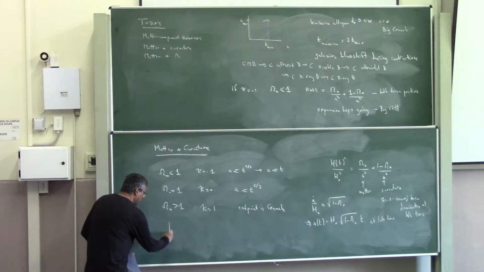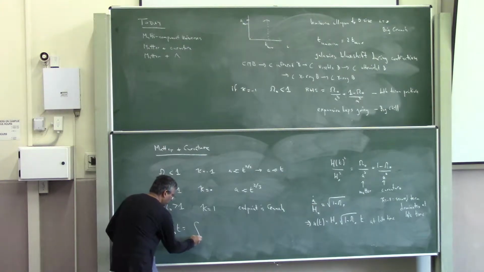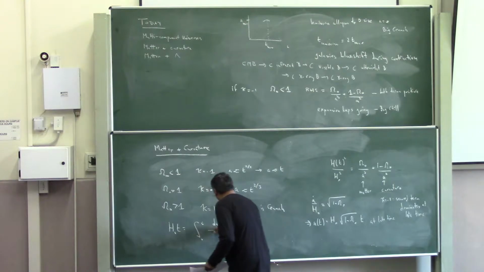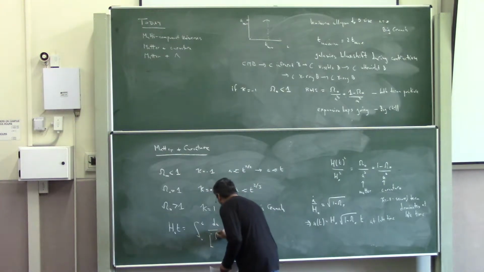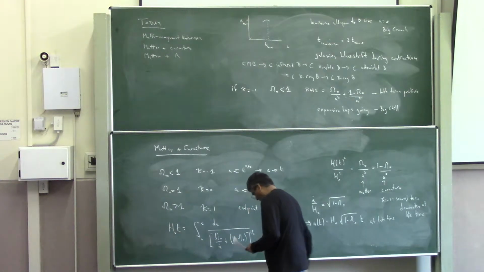And we have the expression H0 t is the integral from 0 to a, dA over the square root of omega 0 over a plus 1 minus omega 0.